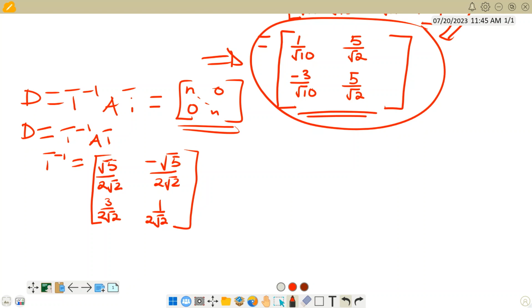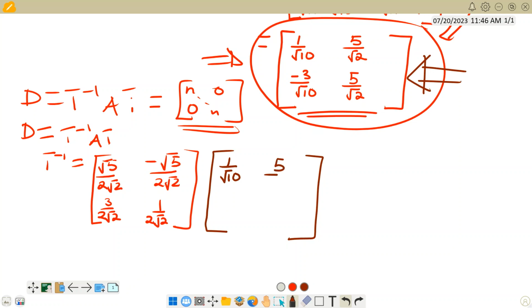And then our AT is actually this matrix here that we just found. So we will have to multiply these two. Multiply this by the other guy, 1 over square root of 10 and 5 over square root of 2, also minus 3 over square root of 10 and 5 over the square root of 2, like that.